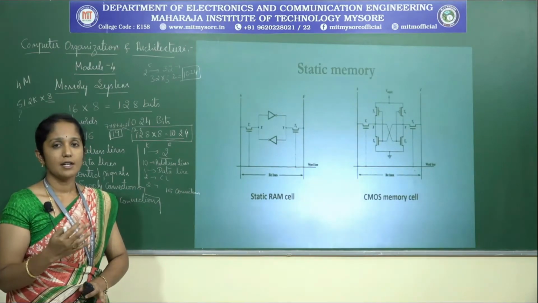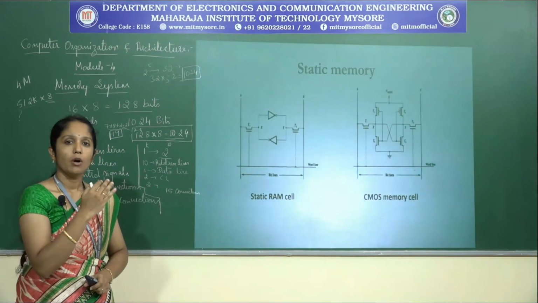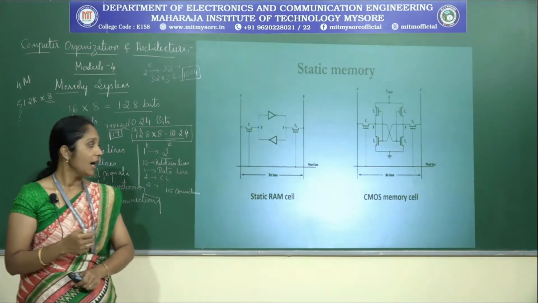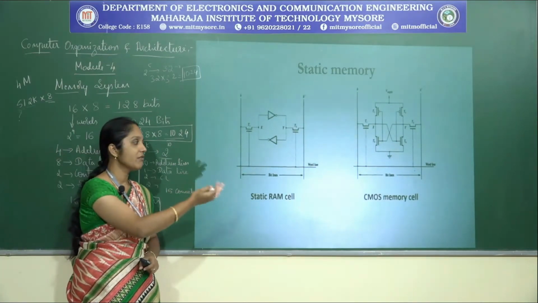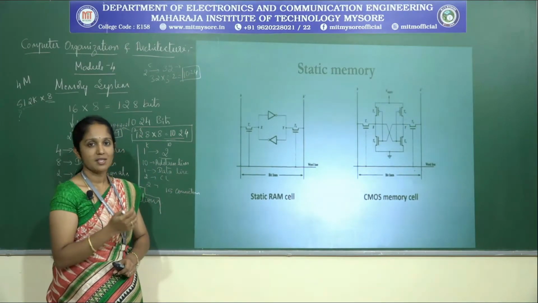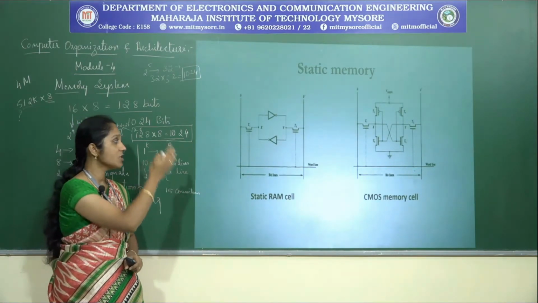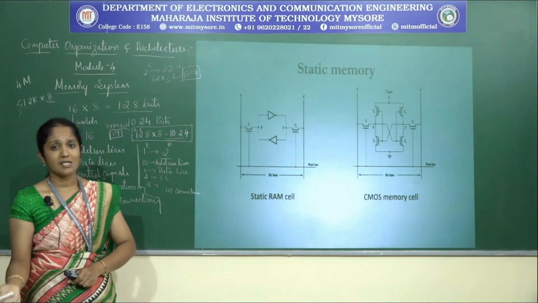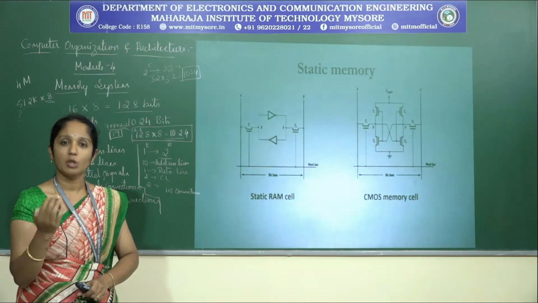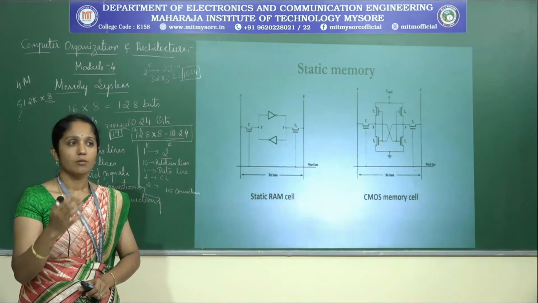First let us understand how to read or write from this static RAM cell, and then let us see the difference between the static RAM cell and the CMOS memory cell. The difference, as I said before, is only with respect to implementation. At the semiconductor level we will not have any NOT gates without transistors.